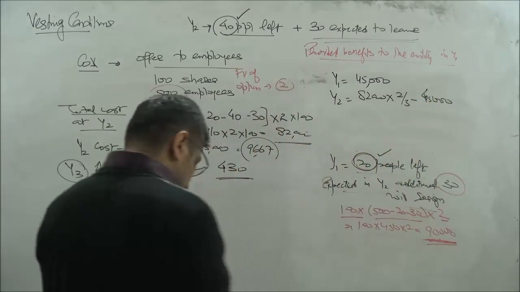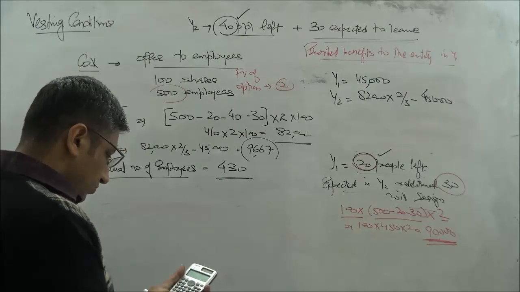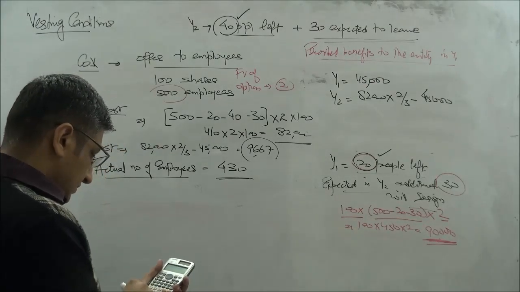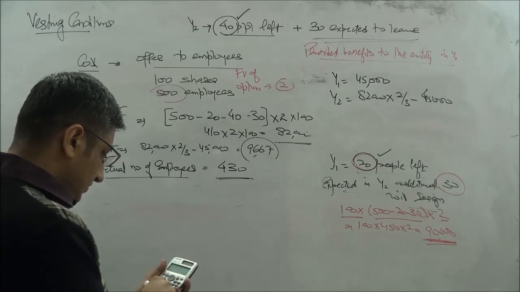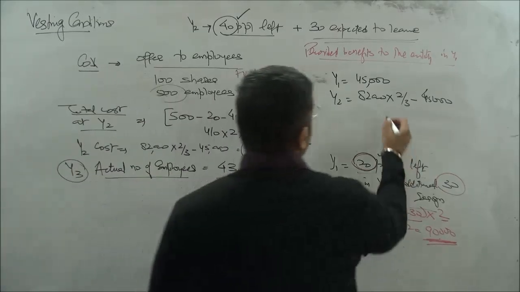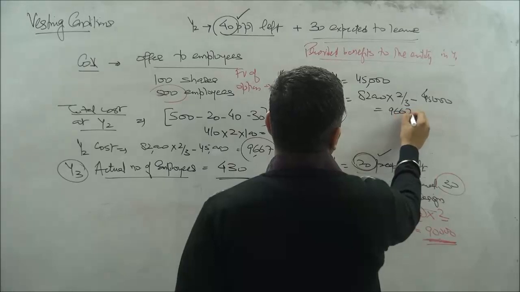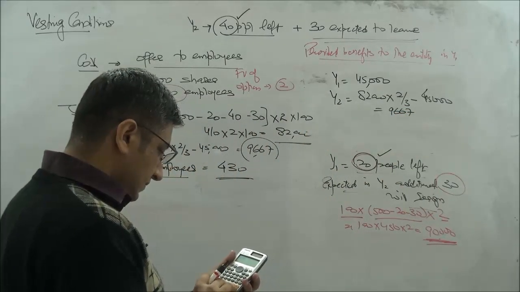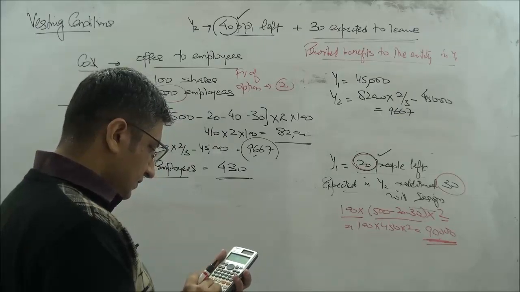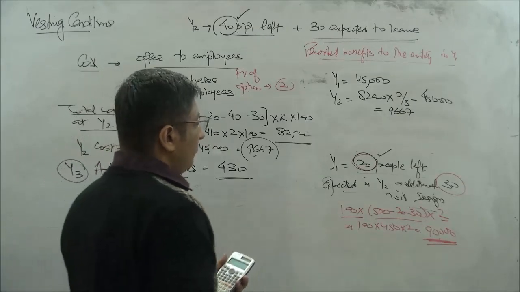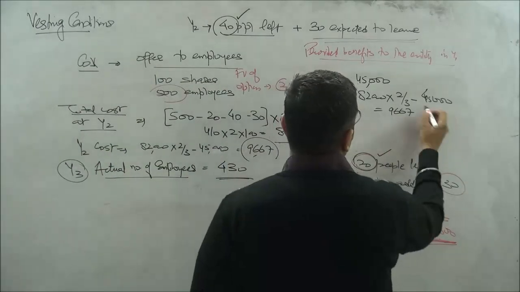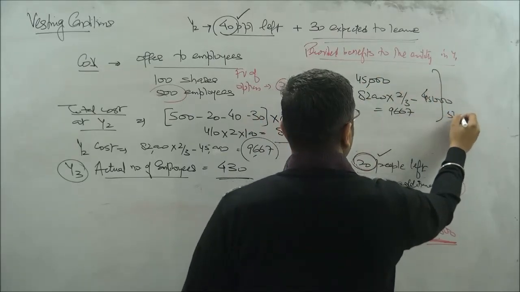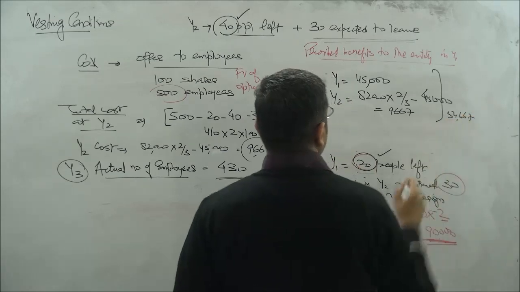So we just wrote that, of course, 82 into 2 by 3 minus 45, that was 9667. Okay, essentially my total cost so far, so cumulative cost, is 54667, of course.